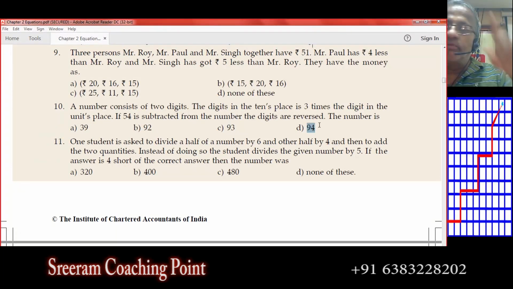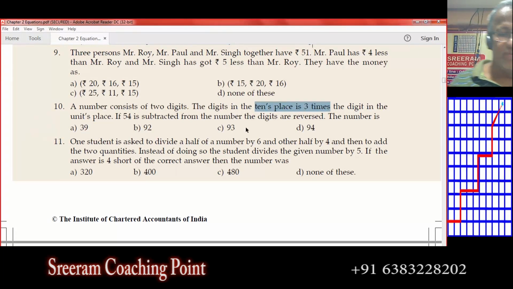This sort of problem we have already solved. But you can easily just check. 39: the digit in the 10th place is 3 times the unit digit, that means the 10th digit should be greater than the unit digit. So you don't find A as an alternative.